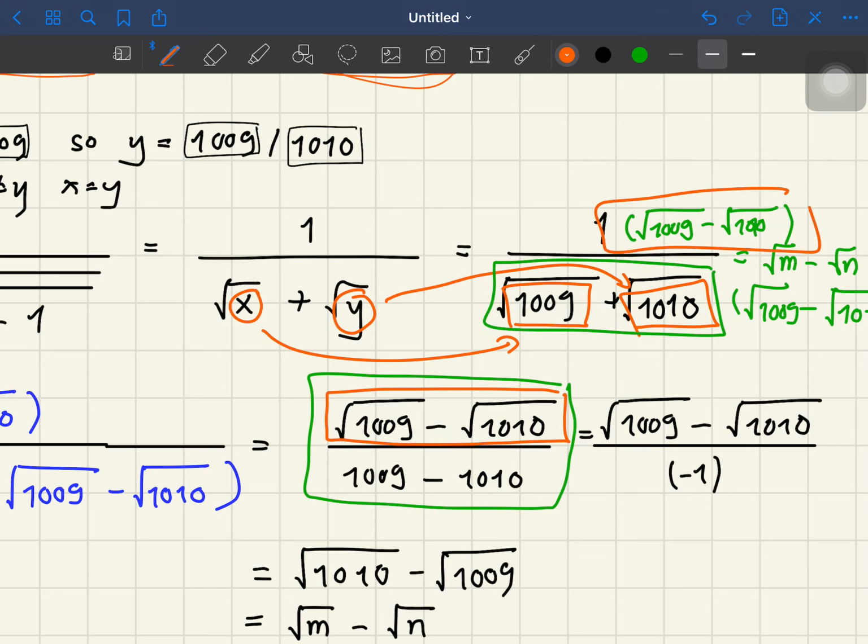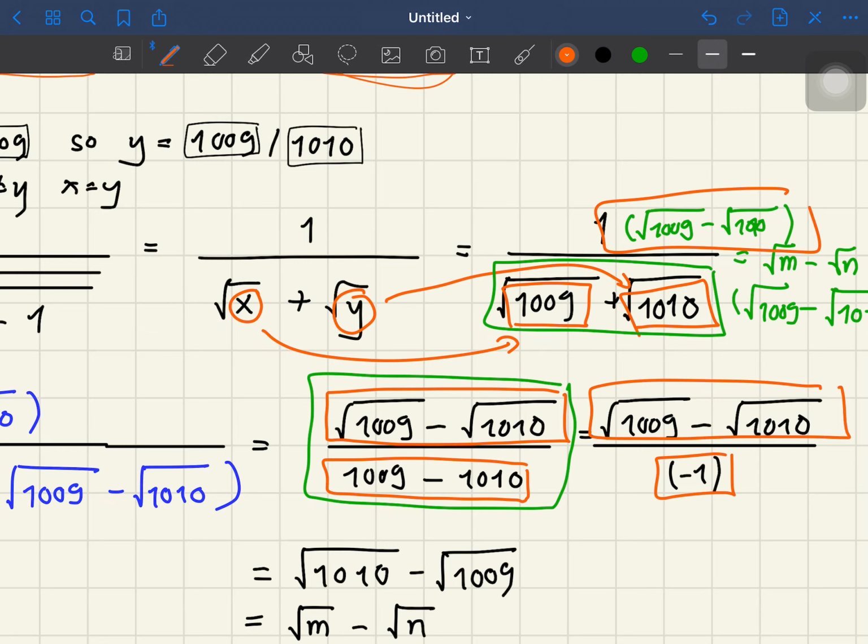This is the result after you multiply with the conjugate at the denominator, and you will get minus 1. This still doesn't turn into any number, because radicals cannot be subtracted from radicals unless they share common factors that you can factor out.